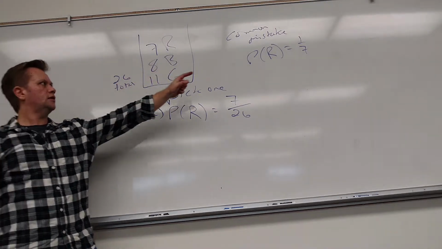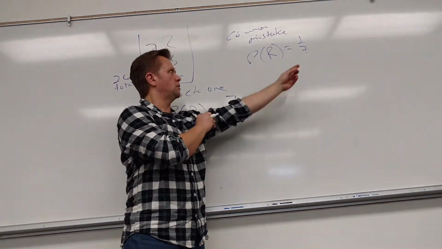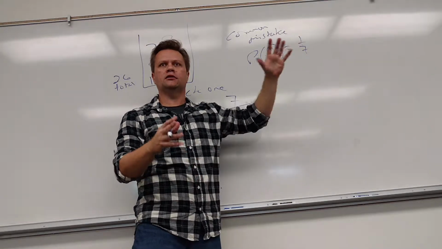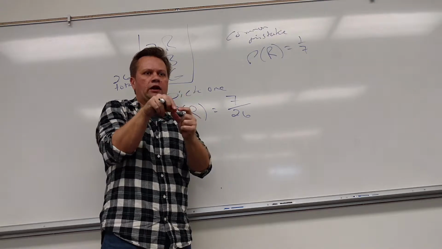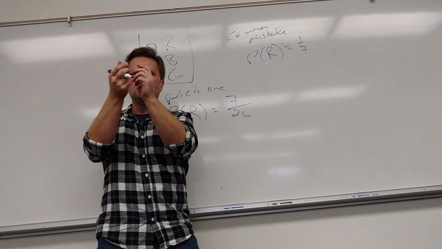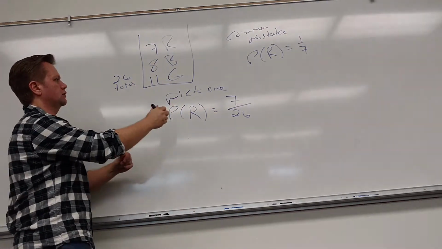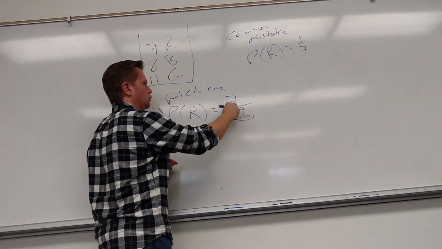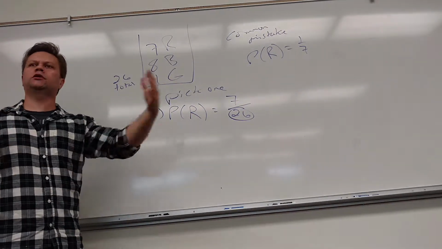So I understand the reasoning behind this, but I really want you to make sure that you understand why this reasoning is not correct, right? It's like focusing totally on the red, and I want a specific red one, right? So that's not right. So it's got to be the total on the bottom and the total that match what I'm looking for on the top. I got 7 chances out of 26 things.